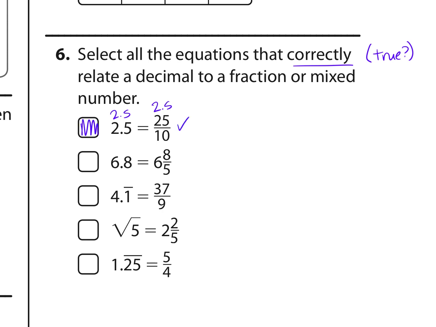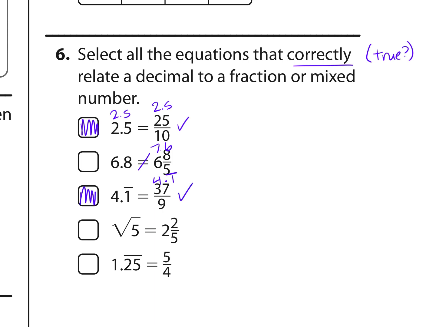The next one, we have the decimal 6.8, then 6 and 8/5 in our calculator comes out to 7.6. Well, that's not true. Now we have 4.1 repeating, and then 37/9 in our calculator is 4.11111, so it's 4.1 repeating, so that is true.